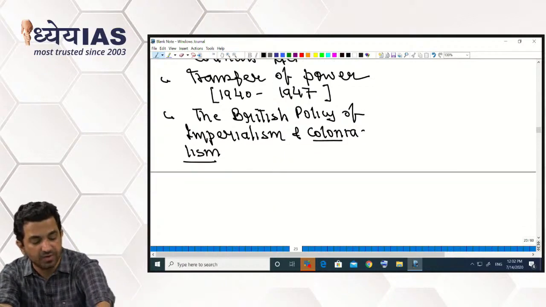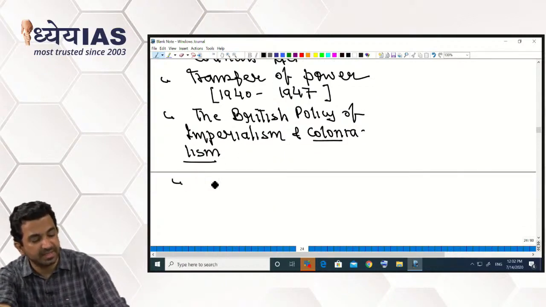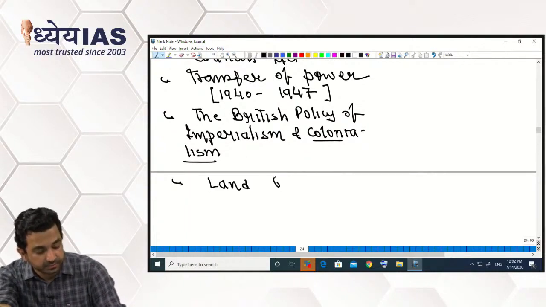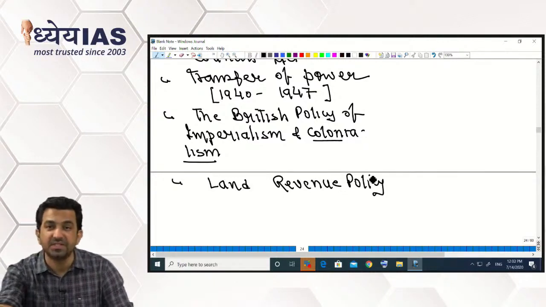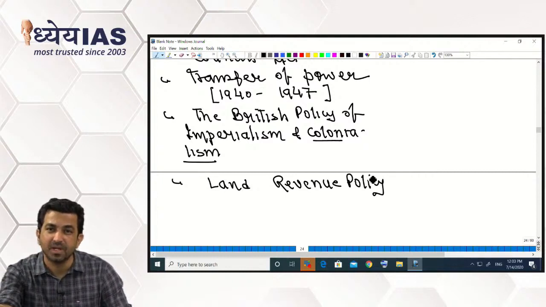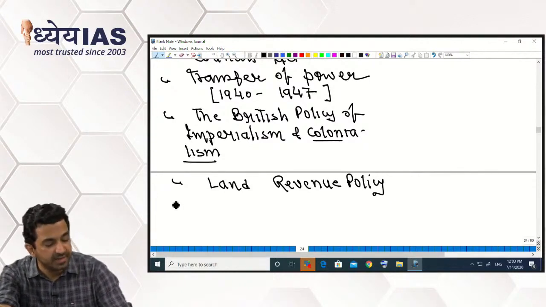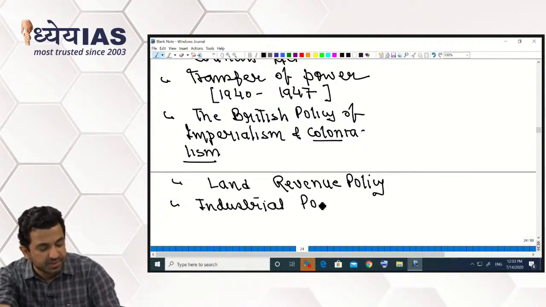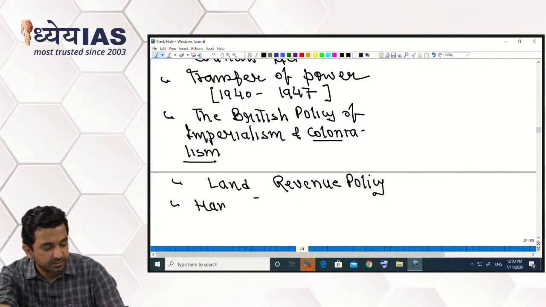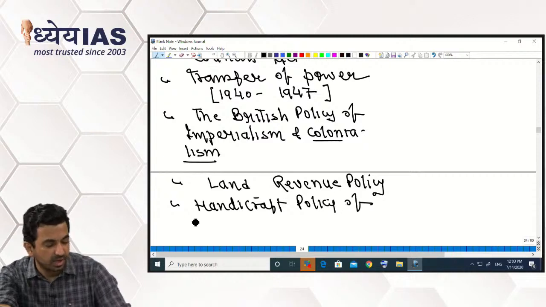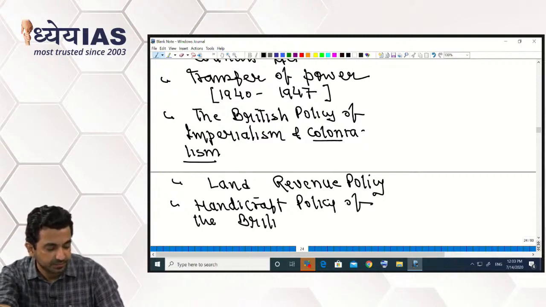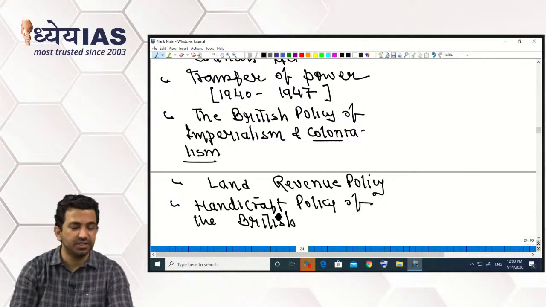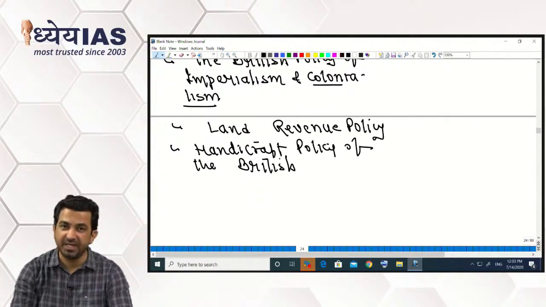The British policies of imperialism and colonialism, then their land revenue policy, Lagan Bandobast or land revenue policy, then the British industrial policy or handicraft policy of the British.